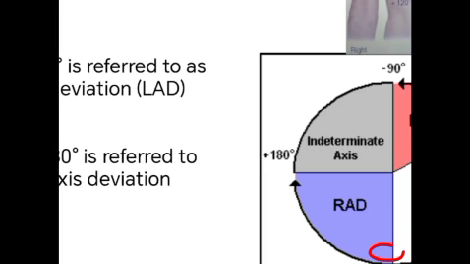Okay, this is a normal axis. Left axis deviation means the axis is directed from the normal towards this direction, lying in the angle from minus 90 to minus 30. Right axis deviation is from positive 90 to positive 180. Between positive 180 and negative 90, this is the indeterminate axis.